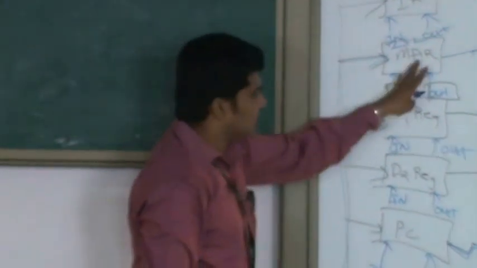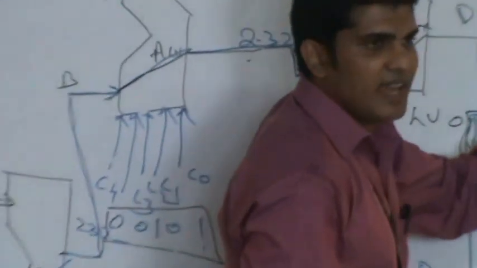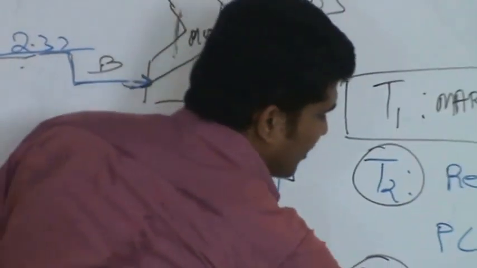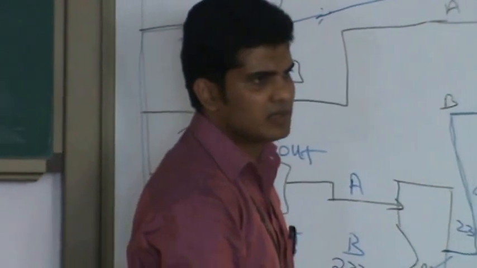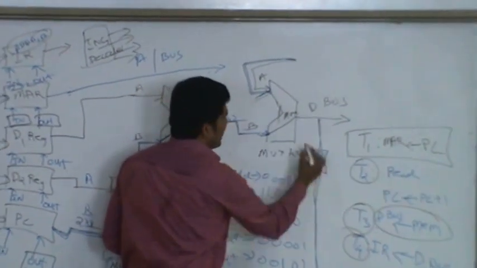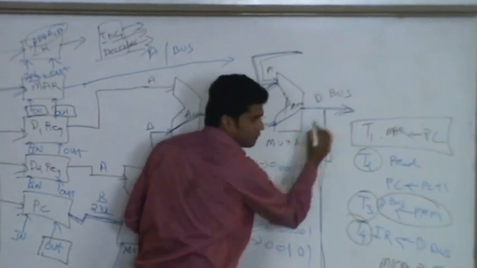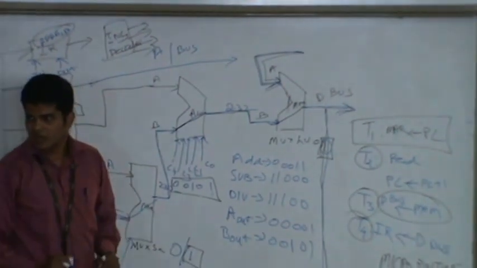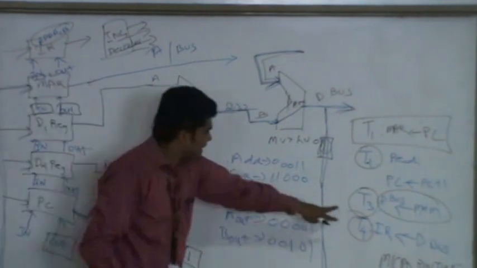So while talking about the data path, we have just discussed PC to MAR. The same way, if you want to draw a data path from memory bus to D bus, how is the data path going to be? So from memory it is going, and from here, this is the data path. For that, we can generate a control signal for type T3.